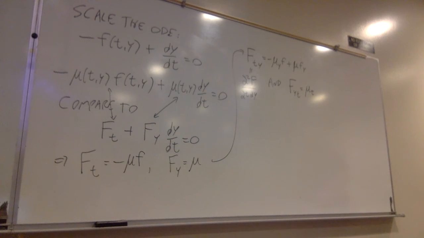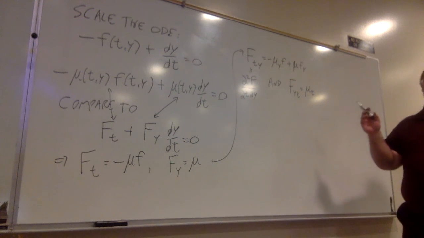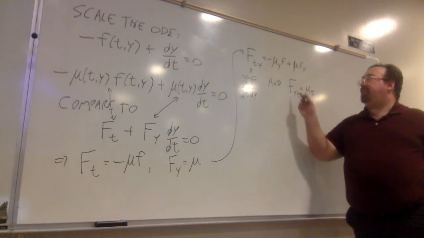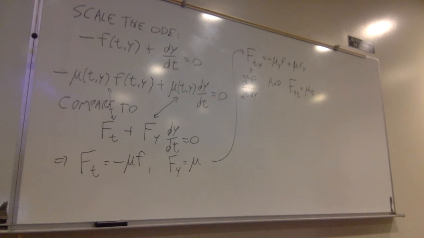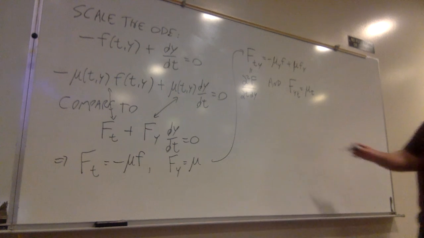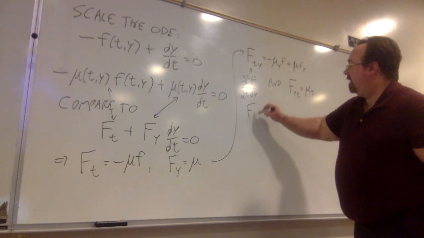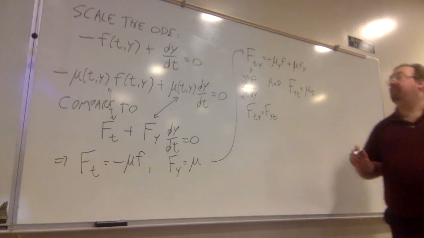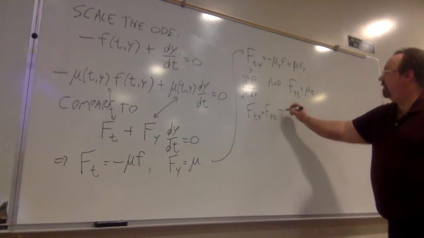Now we're getting somewhere, believe it or not, because if I take a function and differentiate it with respect to the same variables, here differentiate with respect to t and y, here differentiate with respect to y and t, the order doesn't matter. The result is the same. So in other words, these are equal.